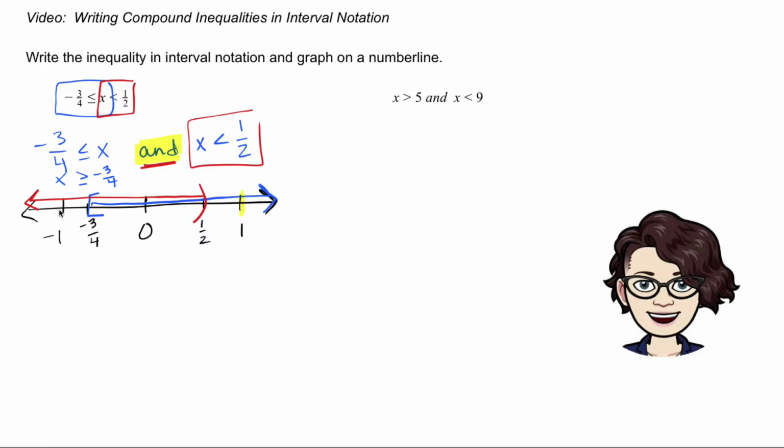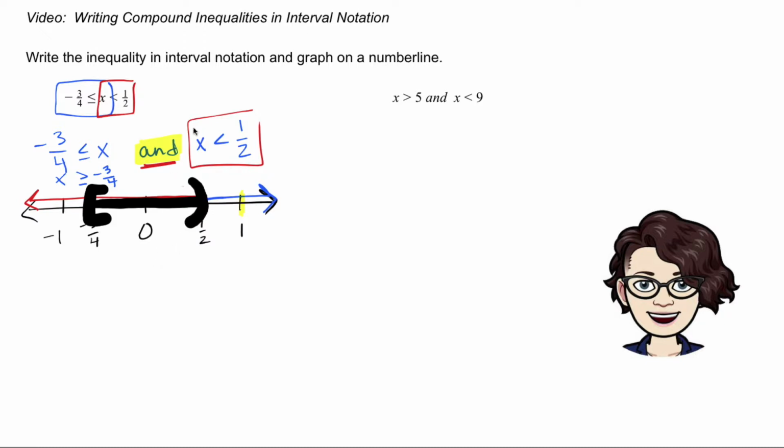Same thing with -1. -1 is less than 1/2. It's over here in the red shaded region, but it's not in the blue. So for the word and, it has to be true for both. So I'm going to use black here, and this is our final solution right there on our number line.